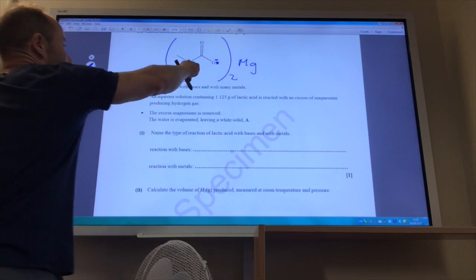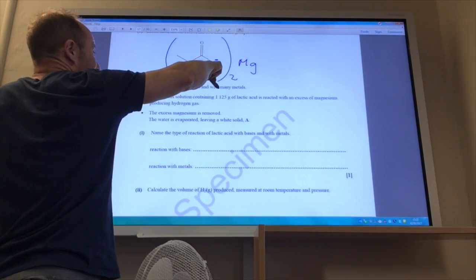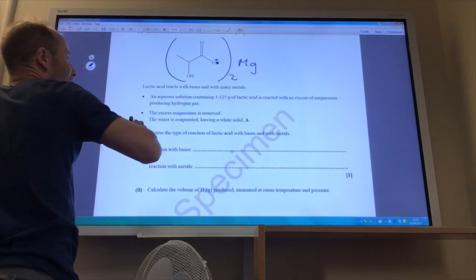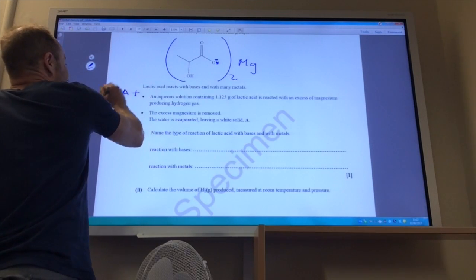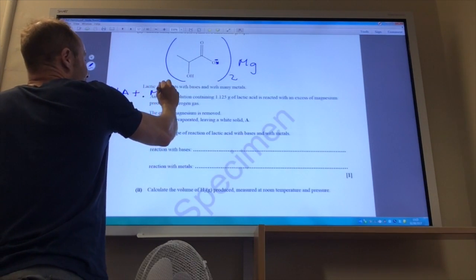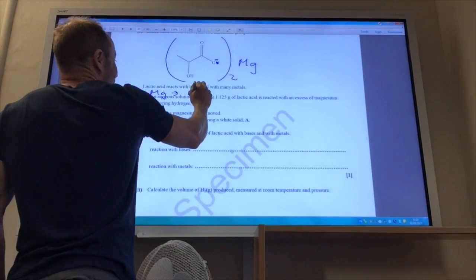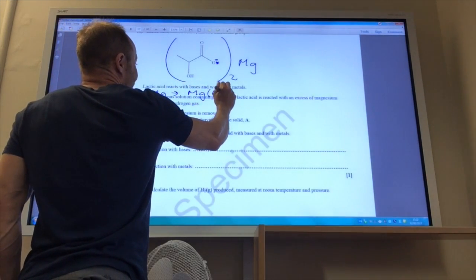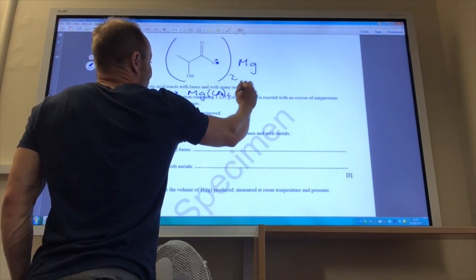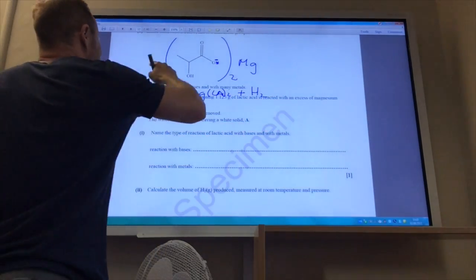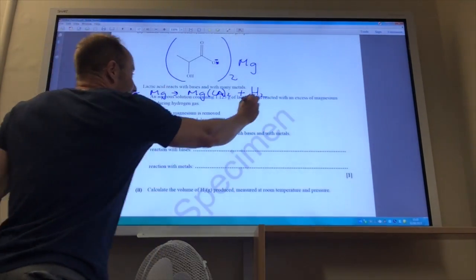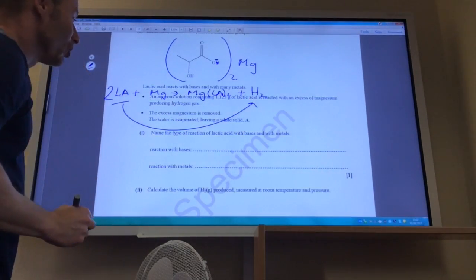So it's going to be that plus magnesium. So it's going to be lactic acid, and I need 2 of them, plus magnesium is going to give me Mg lactate twice, plus H2 gas. So for every 2 lactic acids, I make 1 hydrogen.